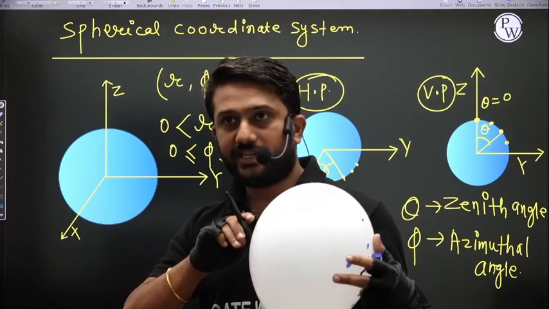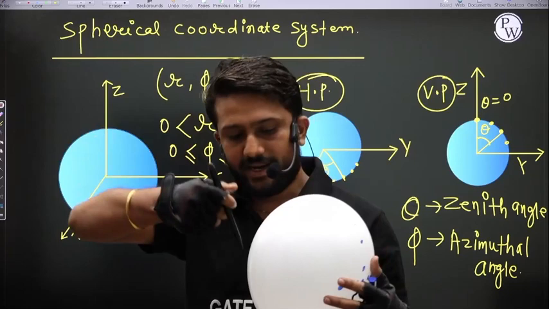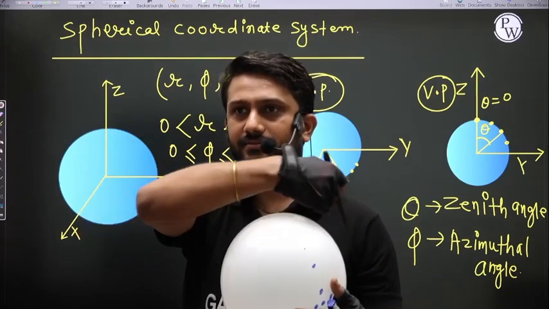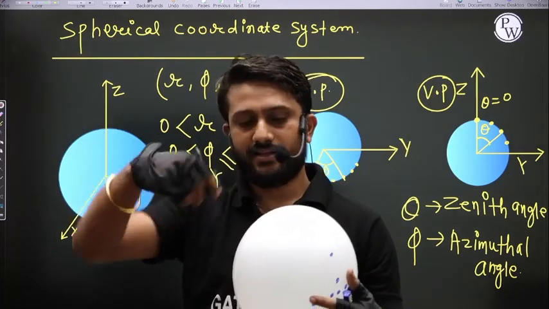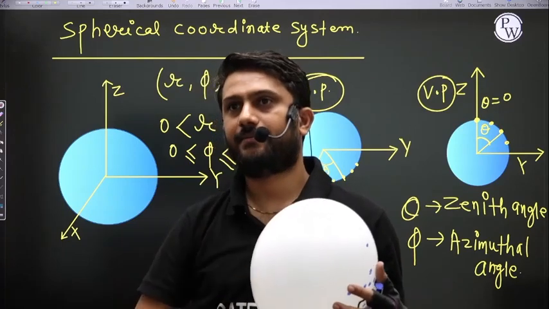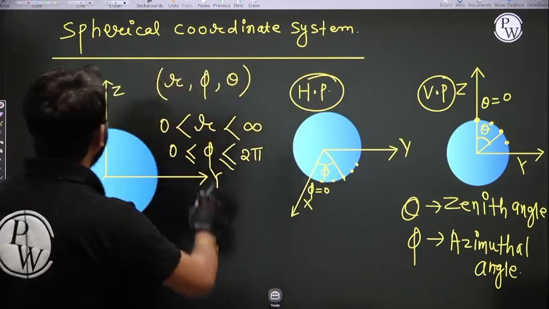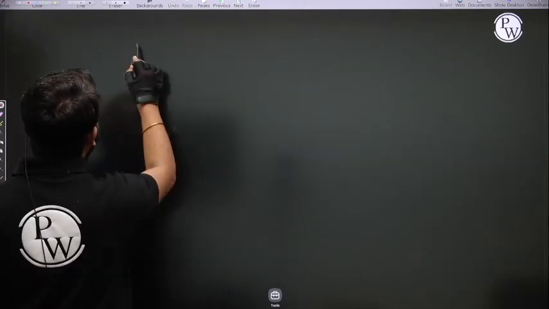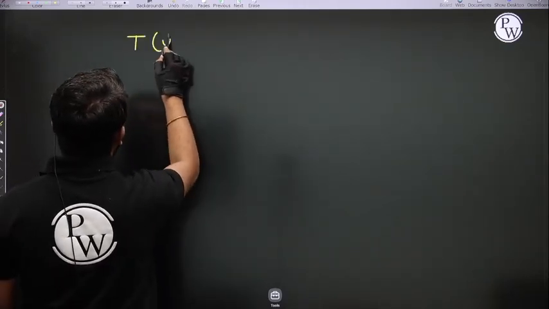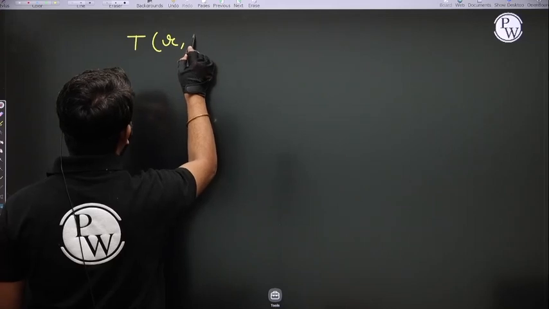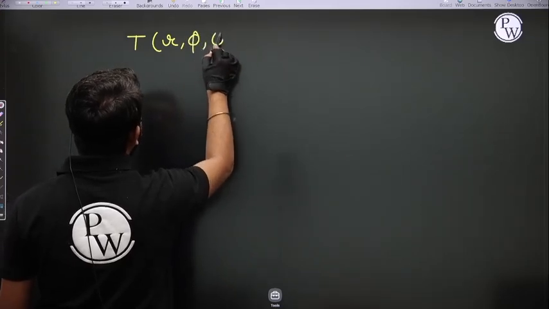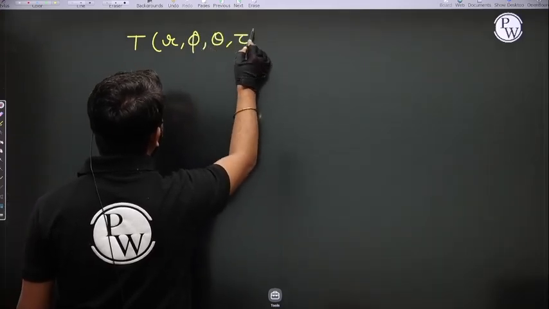So temperature varies in the radial direction, temperature varies with phi, the temperature varies with theta. Is it fine? So in the spherical coordinate system, the temperature is a function of r, phi, theta, and time tau.